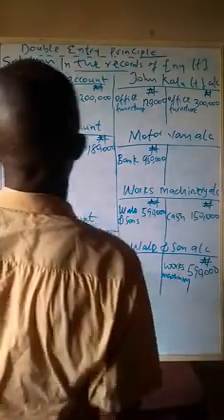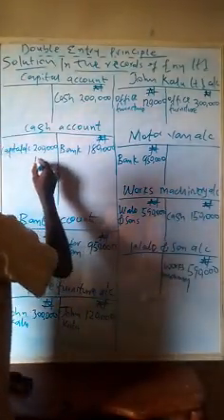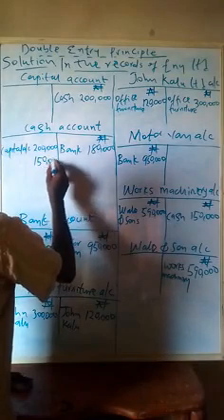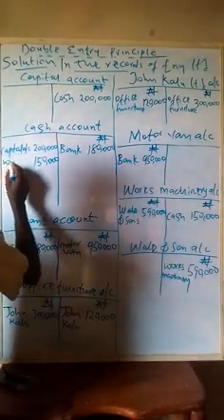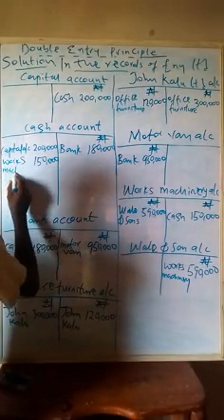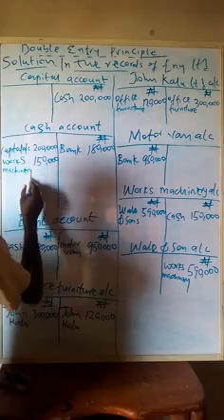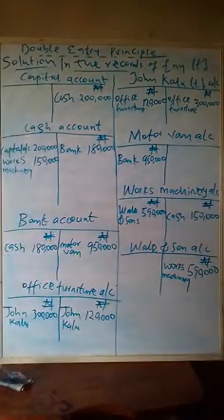We go to the cash account. Cash is now receiving 150,000, from where? From works machinery. That is that.